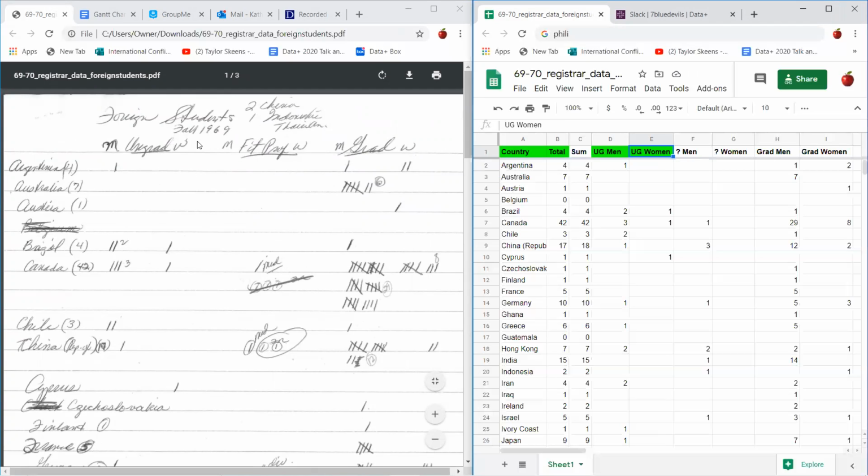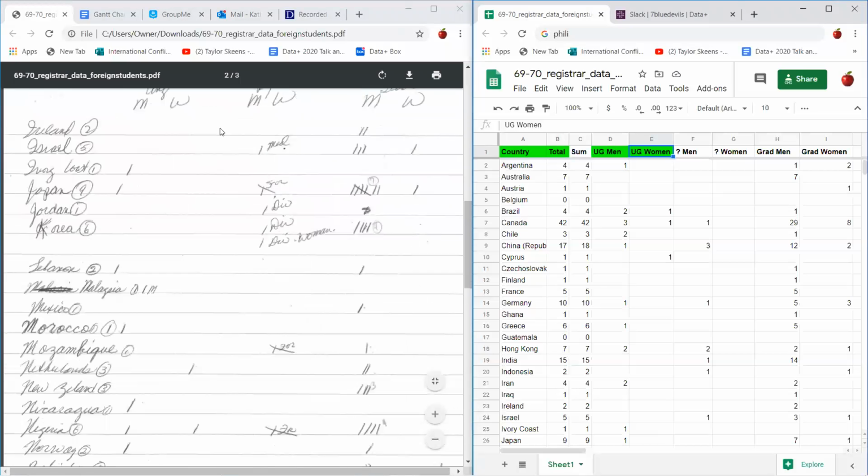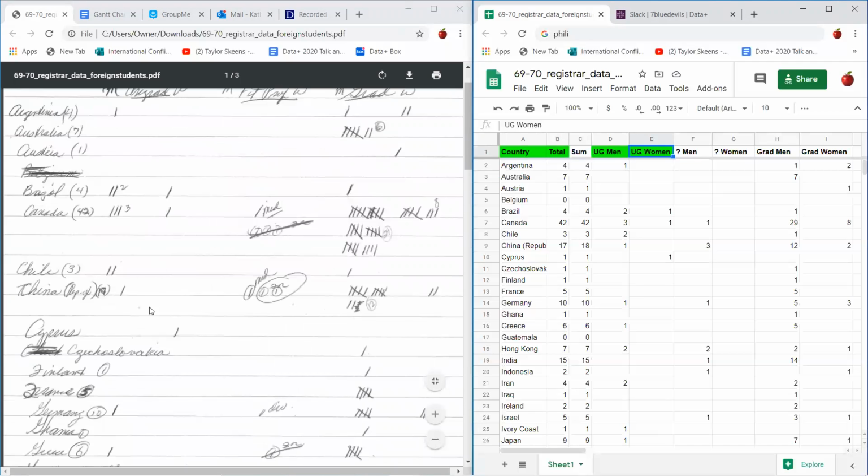But you can see she doesn't include any column lines, which would indicate which column these are actually in, and they're all over the place. So you kind of have to figure out where each one goes.